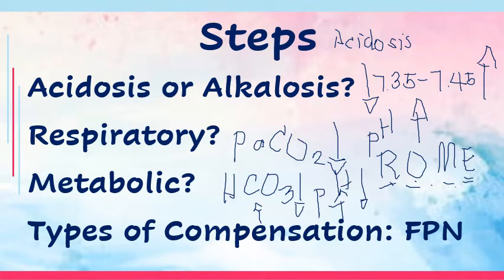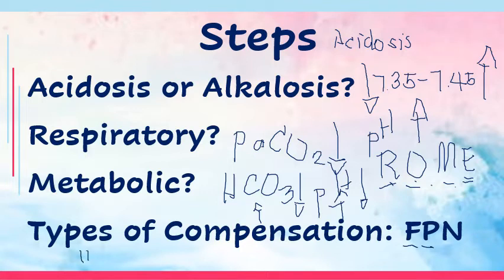For us to know that the ABG result is fully compensated, the pH is normal. Again, for us to know if there is full compensation, the pH should be in normal range. If it is not in normal range, you need to evaluate if this is a partial compensation. For us to know that this is a partial compensation, just think of it like this.